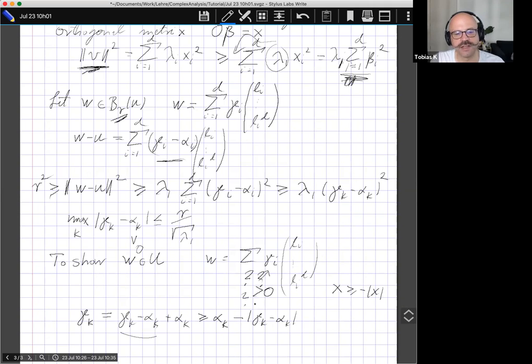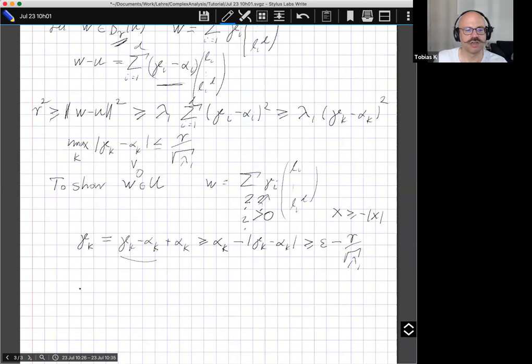But I defined epsilon as a minimum over all alpha k's, and here I computed the maximum, so I get this kind of inequality. And so for r strictly smaller than epsilon times the square root of lambda 1, I get the result.